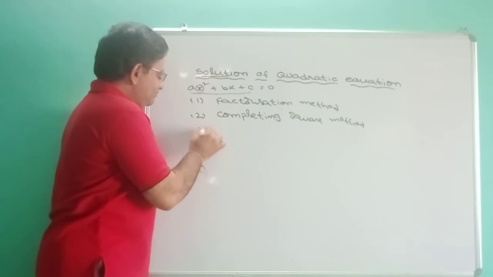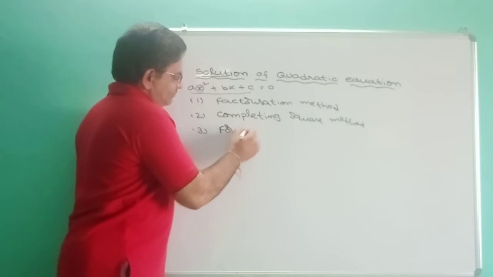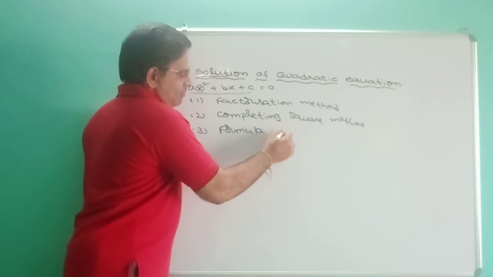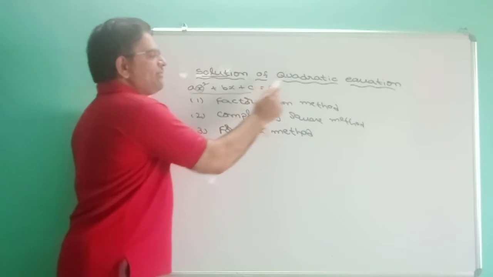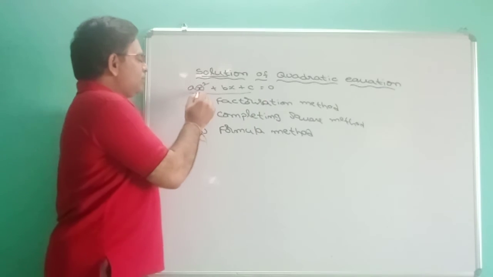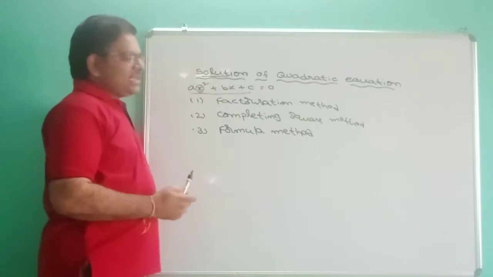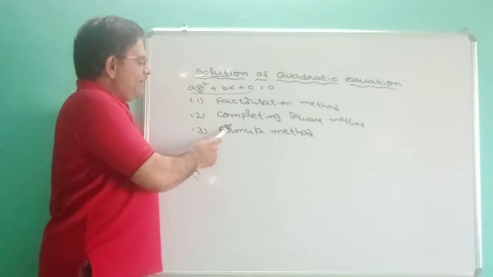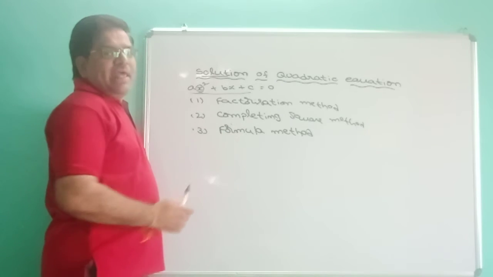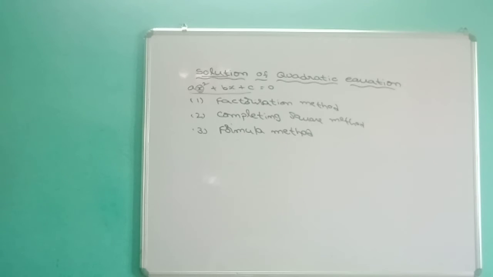The third one is the formula method. So to find the solution of a quadratic equation, that means to find the x value, we use three methods: first factorization, second completing square method, third formula method. Now one by one the methods will be explained.